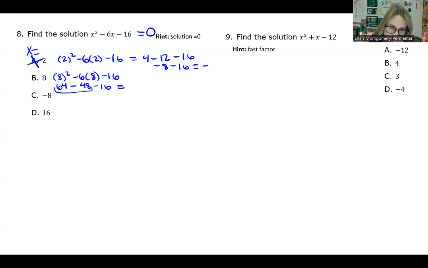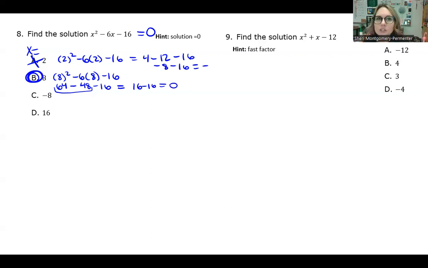It's 16 exactly. Anybody else get 16? Okay, what's 16 minus 16? It equals 0. That means this one works. I don't need to check the others because I just found an answer. So you can plug in the answer choices and see which one gives you 0 once you evaluate it.